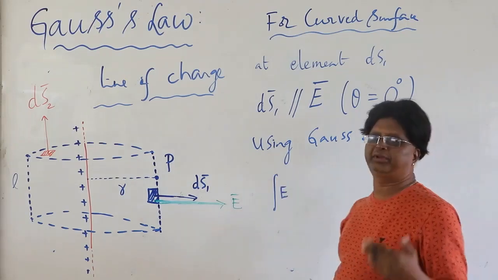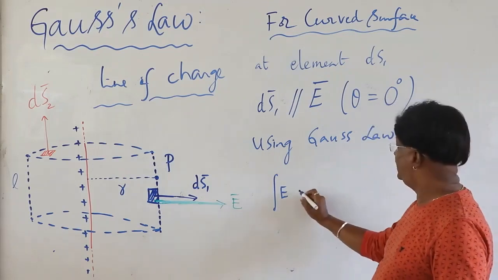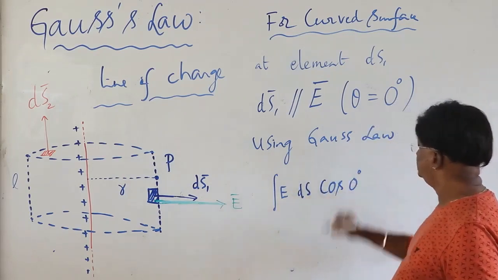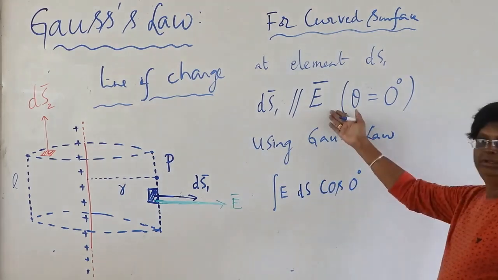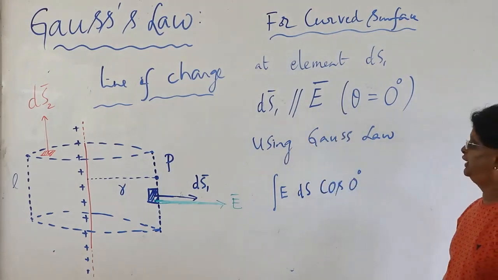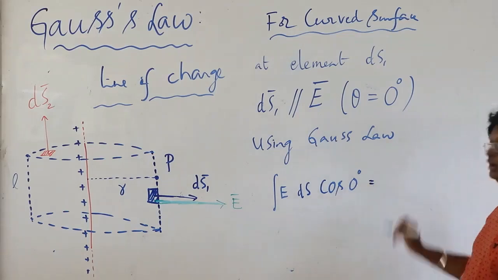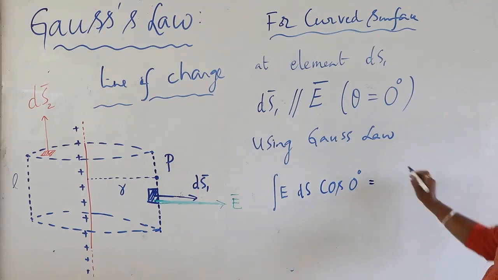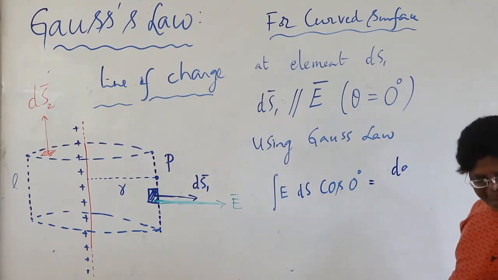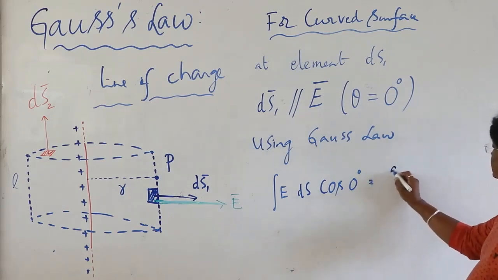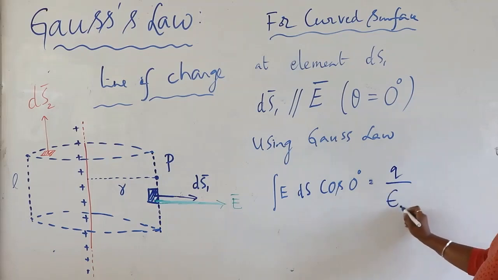Let us write it: E times ds times cos 0 degrees, because here the result is that ds bar and E bar are parallel. E ds cos 0 is equal to Q by epsilon naught.